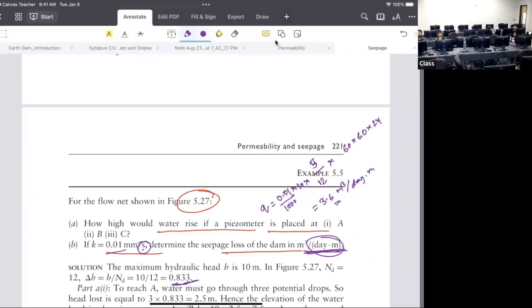Can you convert it into gallon? 1 meter cube equals about 264 US gallon. So it's about 951 gallon, less than 950. Okay, so it's 950 gallon per meter.